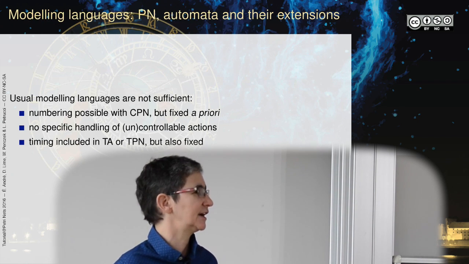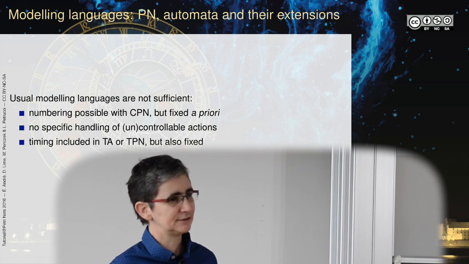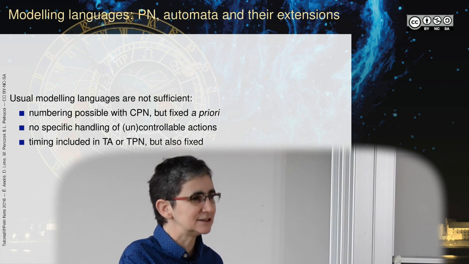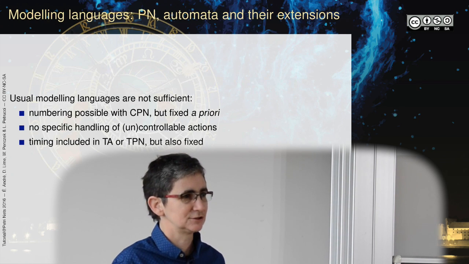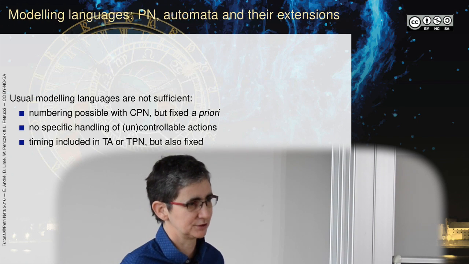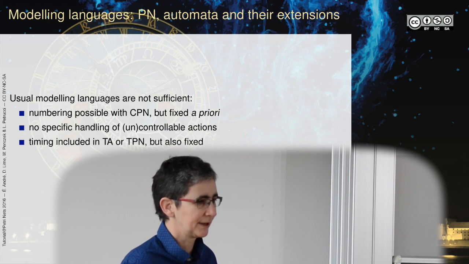So you would say I have a process that looks like this, and I have a way to say this is that instance or that instance. But you would say a priori I have 10 copies of my processes or 100 copies, and you analyze the system with that.